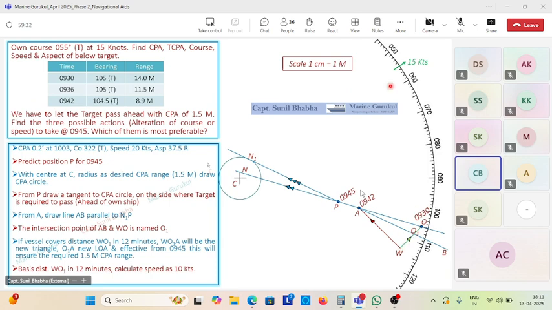So our ship, which is presently moving at 15 knots, if the speed is reduced to 10 knots, own ship vector would be WO1, the line of approach would be O1A, and effective from 9:45, this line of approach will result in the vessel CPA coming at point November 1 and maintaining a CPA range of 1.5 miles.